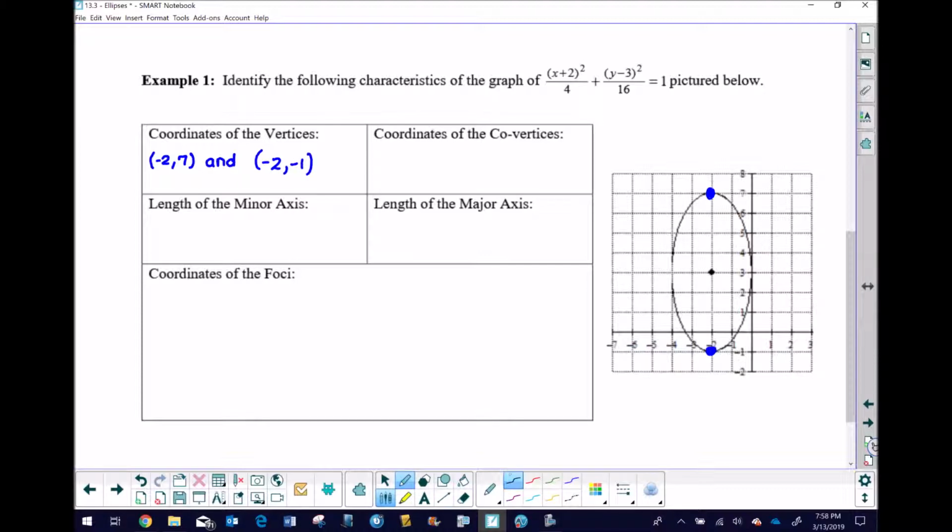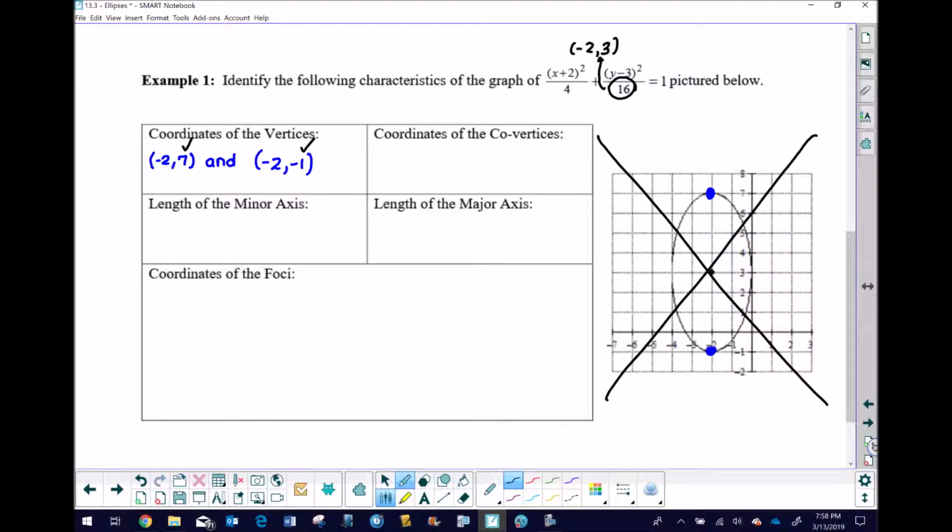But if we pretend just momentarily that there was no graph given to us in this problem, what we could have done is deduce the fact that the center of the ellipse would have been at -2, 3, and then knowing that the 16 is going to be some number that needs to be square rooted to get 4, we would have to take that 4 and add it to the 3. That's going to give us the 7, and then subtract 3 minus 4, and that's going to give us the -1. And then we could come up with our vertices that way.